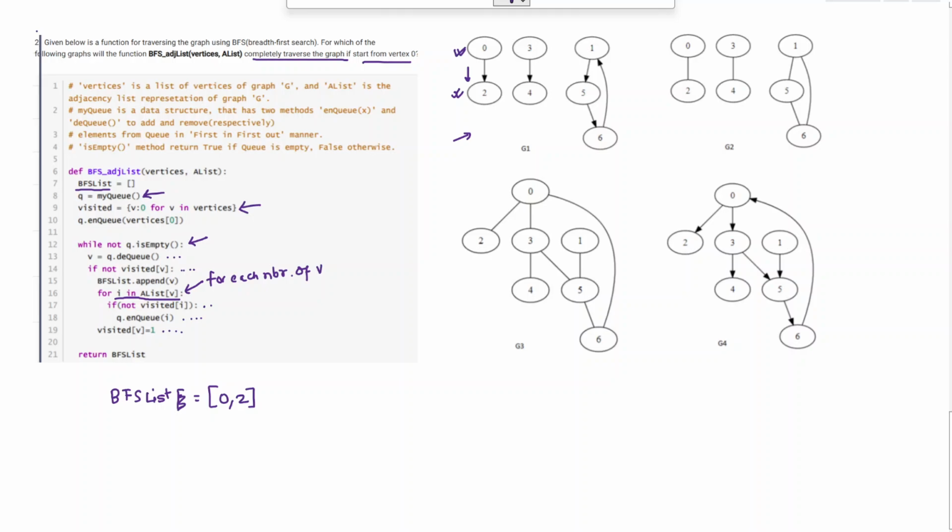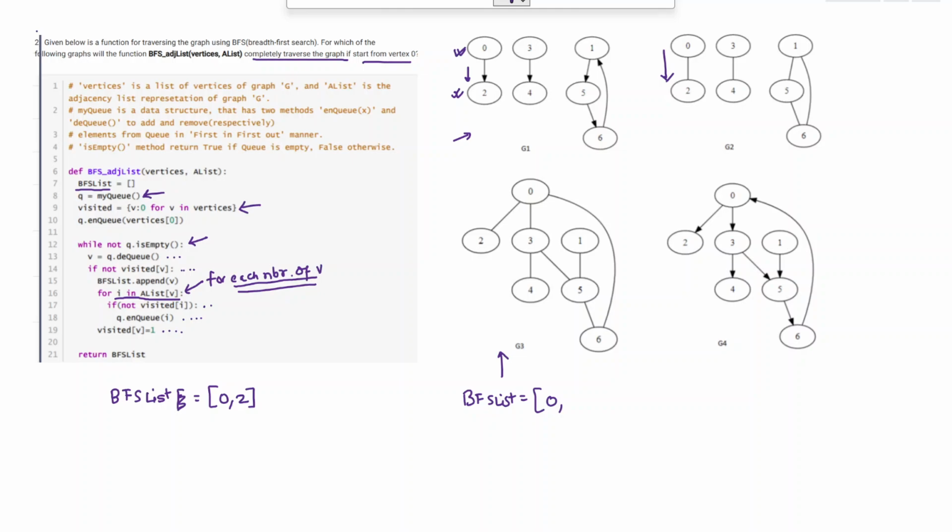Similarly, in the second graph, 0 and 2 will be visited, because we are starting with 0. So again 0 and 2 will be visited, but nothing else. Now let's look at the third one. In the third one, what will be the BFS list? First 0 will be visited, then each neighbor of 0 will be visited, because we are adding the vertices to the queue in that order.